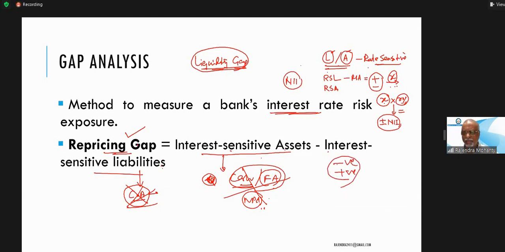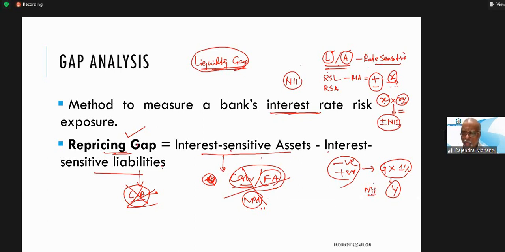With that gap, we multiply the assumed change in the rate of interest. Suppose it says that tomorrow the interest will change by 1% on the asset side, or the liability side, or both sides. You multiply that 1% with the gap. This will be the change in the NII. Say you arrive at Y amount or X amount. That will be the change in the NII.